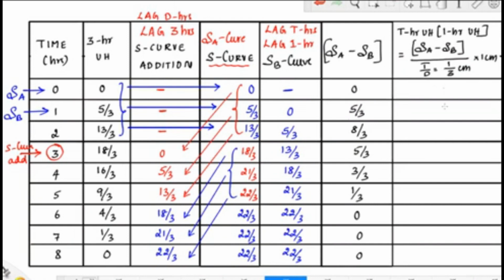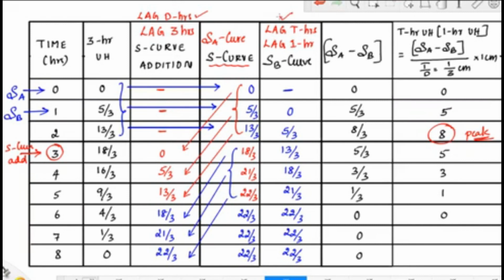Divide by 1 by 3, you will get 0, 5, 8, 5, 3, 1, 0. So the peak value, if you want, you can take it as 3. This is your peak value, 8. So the main thing is that while deriving the S curve, you have to provide a lag of D hours. While writing the SB curve, you have to provide a lag of T hours.